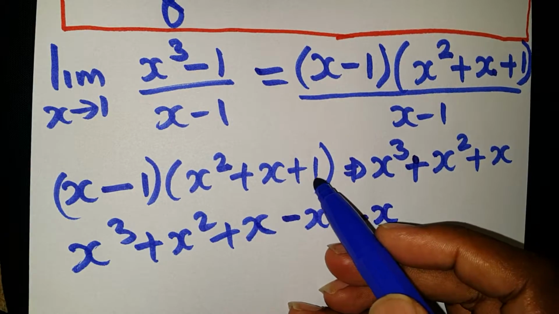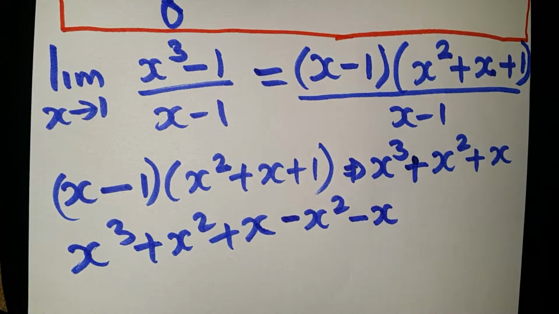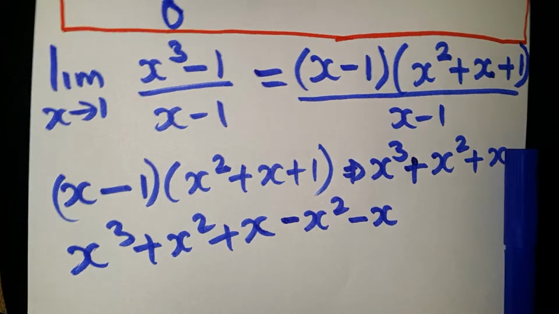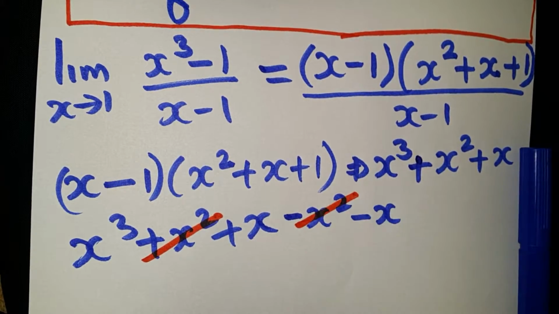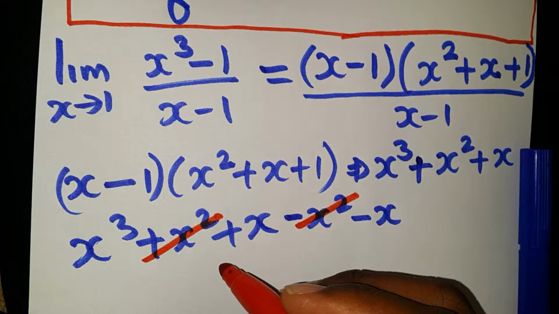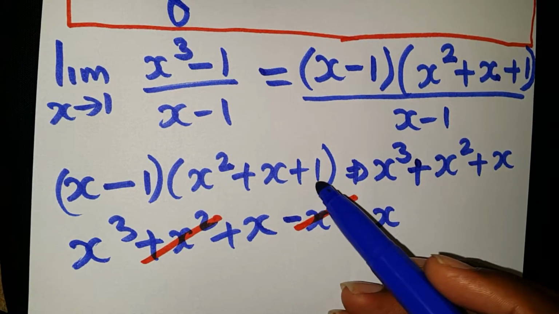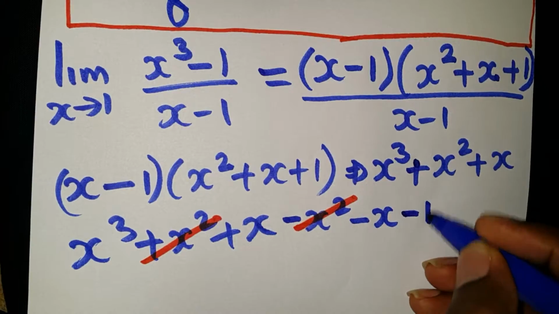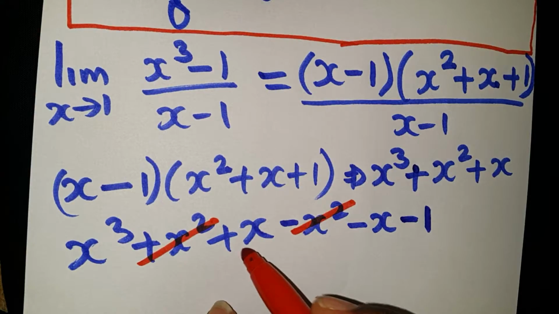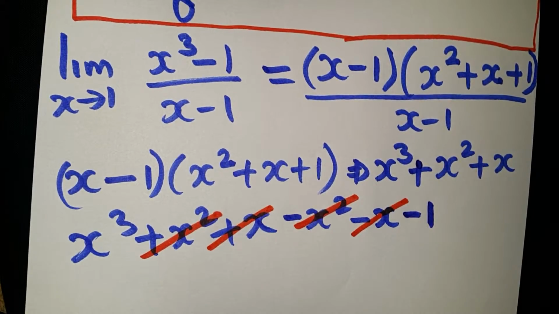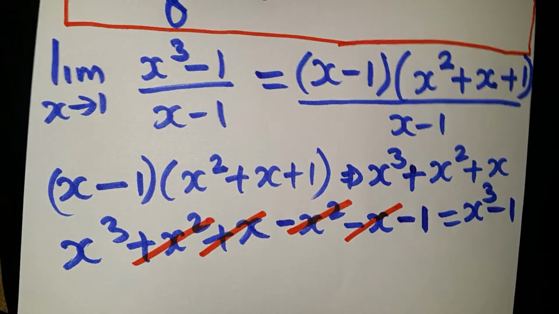Minus 1 times plus 1, oh, sorry, will give us negative 1. So plus x squared and minus x squared will cancel, and positive x and negative x will also cancel. So our final answer will be x cubed minus 1.